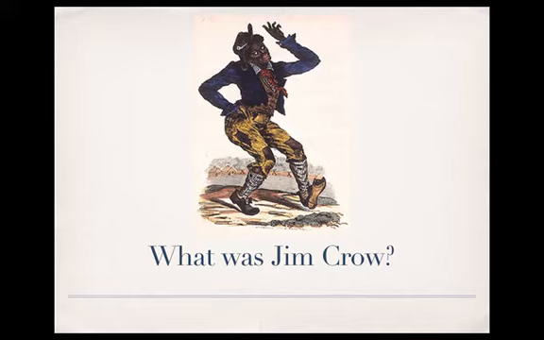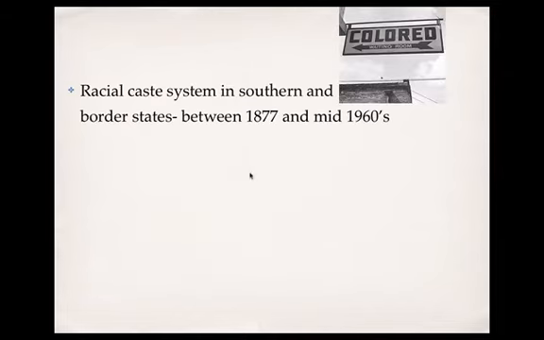The Jim Crow laws were named after this minstrel character, and then things kind of developed from there. So Jim Crow is what became known as the colloquial name for these laws that were passed. It was a racial caste system in the South and the border states between 1877, so post-Reconstruction, and the mid-1960s.